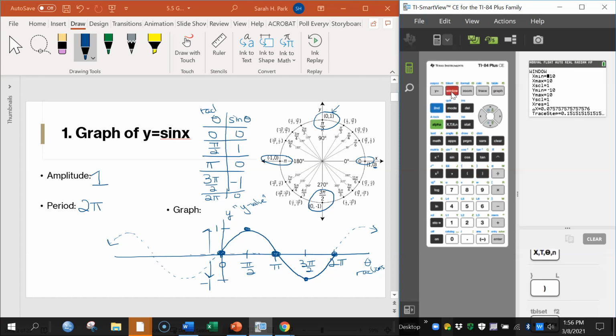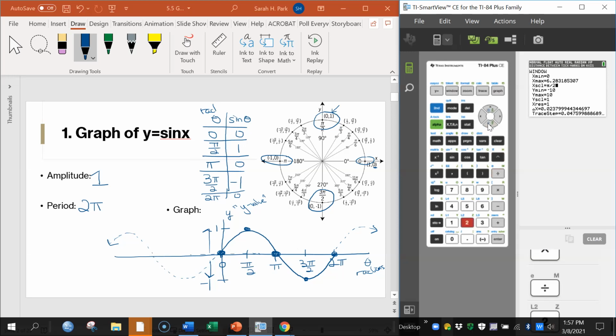So go to window, and for x minimum, let's start at 0. Your maximum will end at 2 pi. And your x scale, instead of going up by ones, we're going to go up by pi over 2 each time.